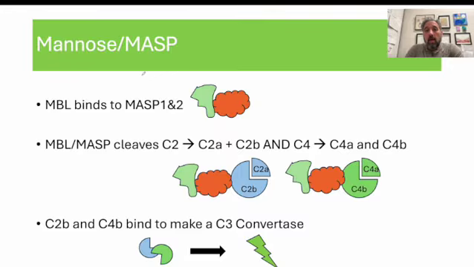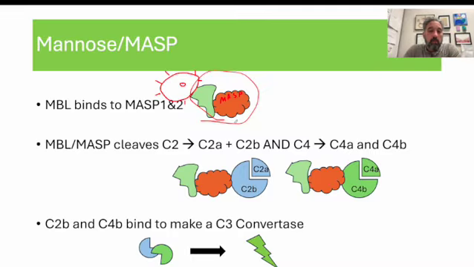The mannose-MASP-MBL pathway is actually going to look very similar to this. Instead, we have mannose binding lectin, which is going to be binding to something on the surface of our bacteria, once again. So here's our bacteria. We have things on the surface that it is going to bind to, and that MBL will be doing the binding. MASP 1 and 2 are going to bind to that, and that complex, and really it depends on whether it's going to be MASP 1 or MASP 2, but both of them work together.